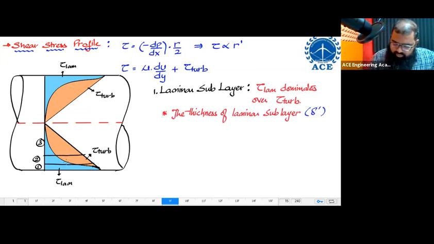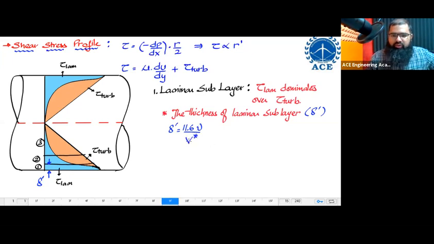This distance over here is represented by delta prime, given by the formula delta prime is equal to 11.6 nu upon V star.